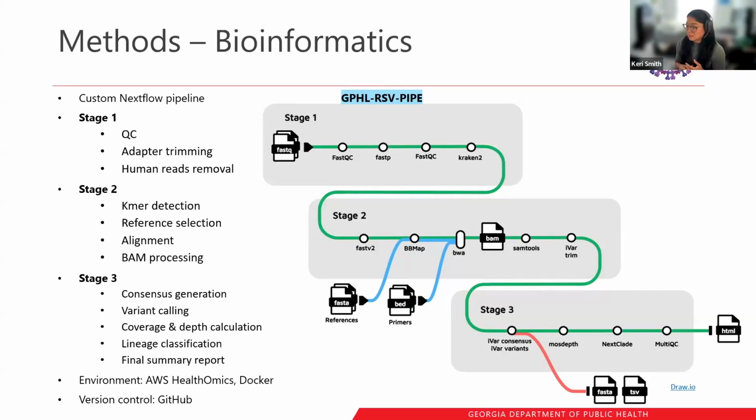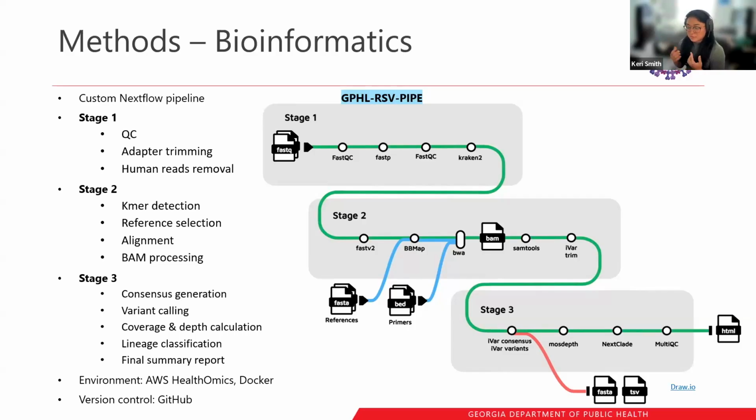And finally, stage 3 includes consensus generation and variant calling using iVar, coverage and depth using mosdepth, and lineage classification using Nextclade. With Nextclade, I combine all the consensus FASTA files and pop them into the Nextclade web browser, and it generates those lineages as well as a phylogenetic tree.